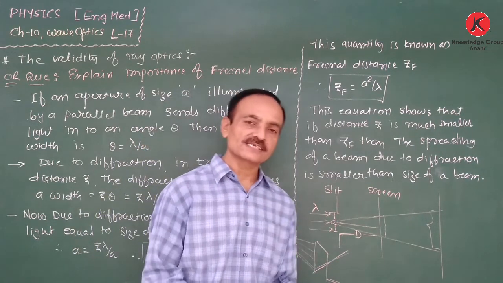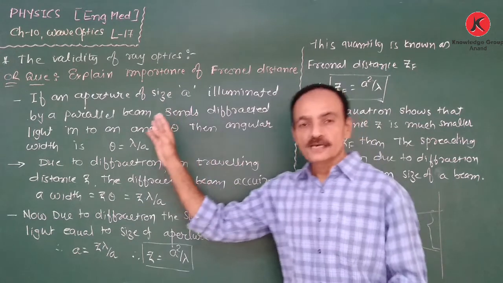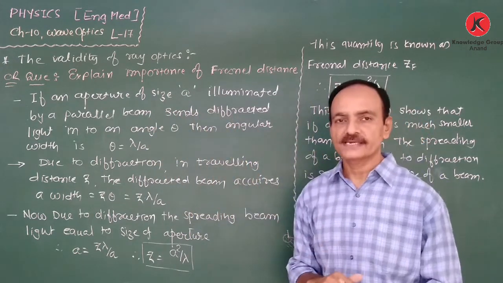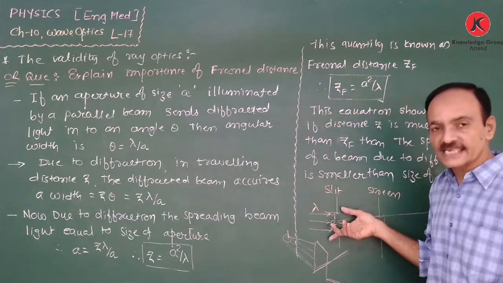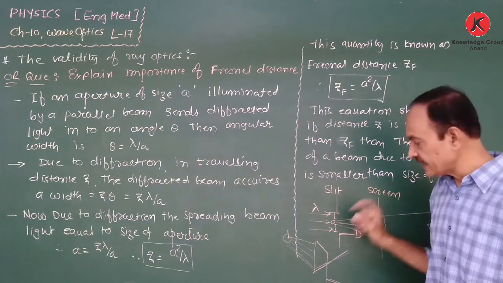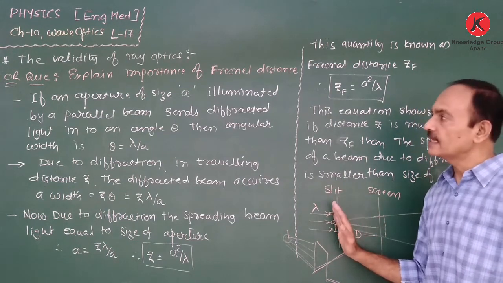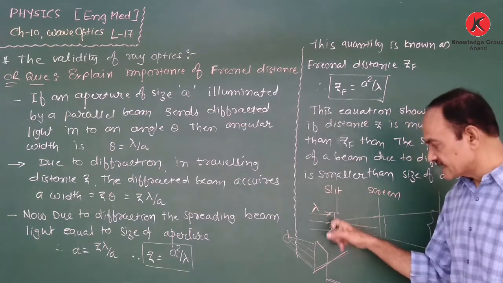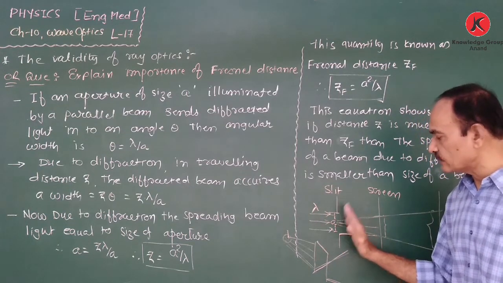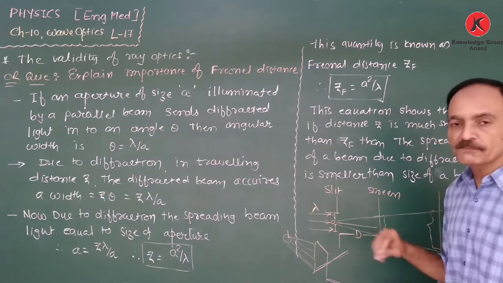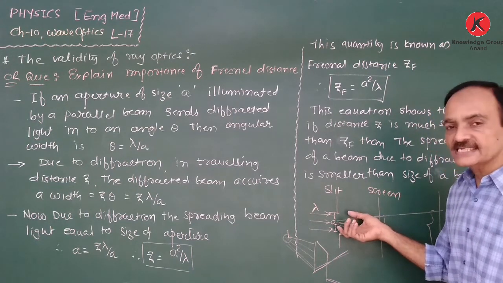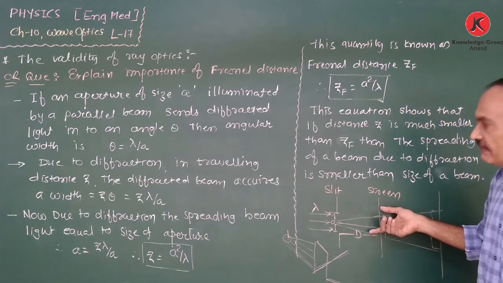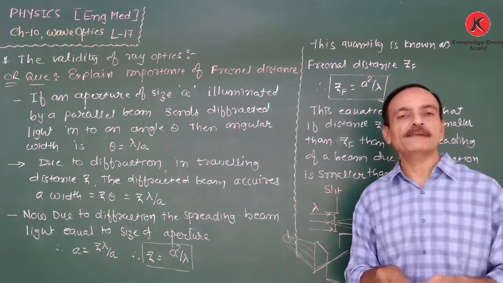Okay, here we are going to discuss this. If an aperture of size a is illuminated by a parallel beam of light, diffraction takes place, and the light is diffracted at angle theta. The angular width is theta equal to lambda upon a.